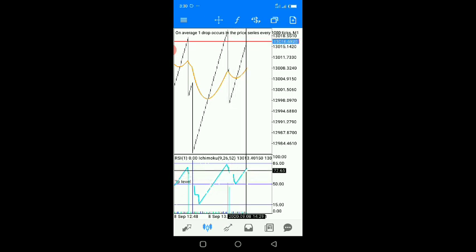Once our Ichimoku touches this 85 RSI level, we can actually go in for a sell. So this market is going to spike. So we can go in for a sell.